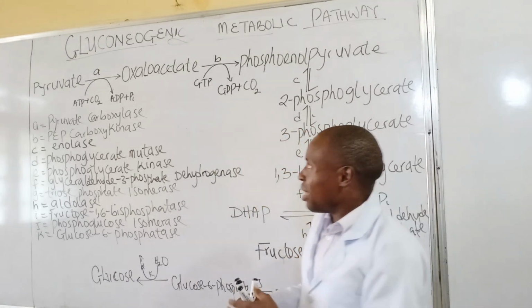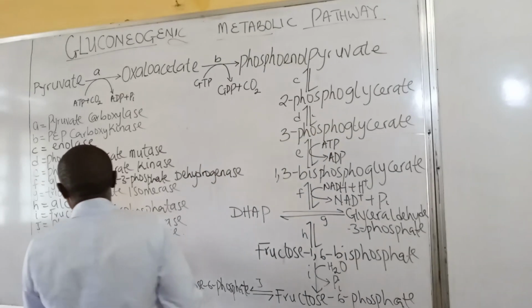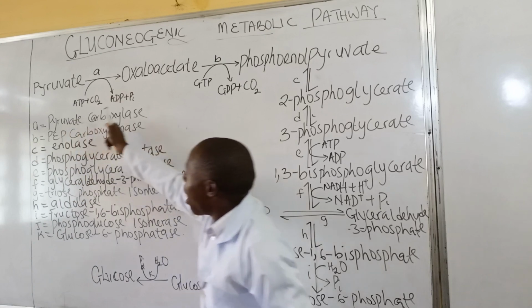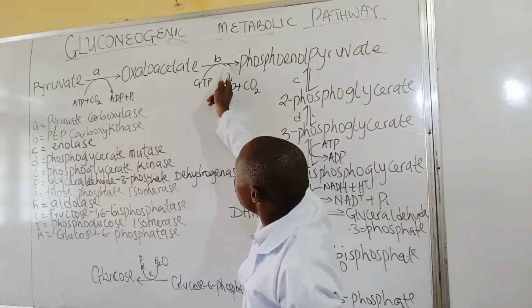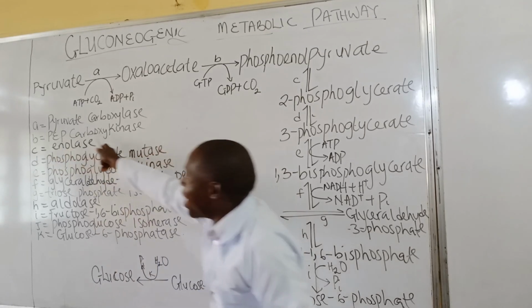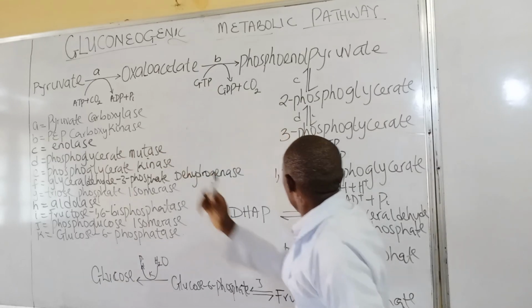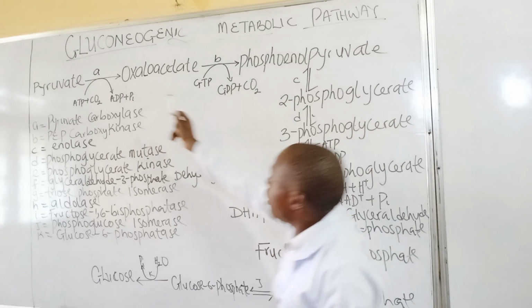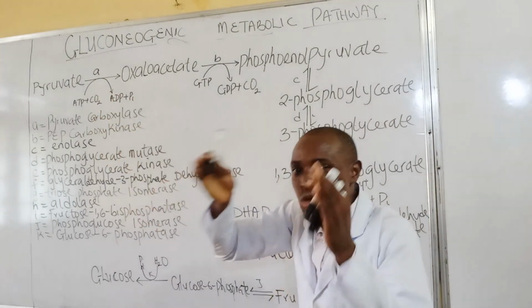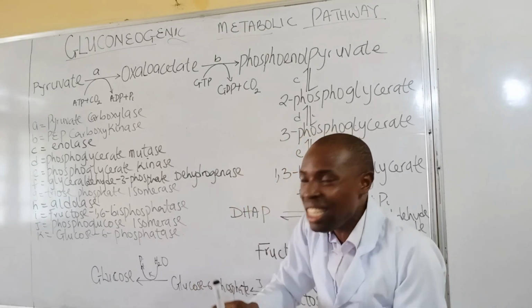The enzymes are, first, pyruvate carboxylase, and then phosphoenolpyruvate carboxykinase. It means that these first 2 steps are exclusively for gluconeogenesis.